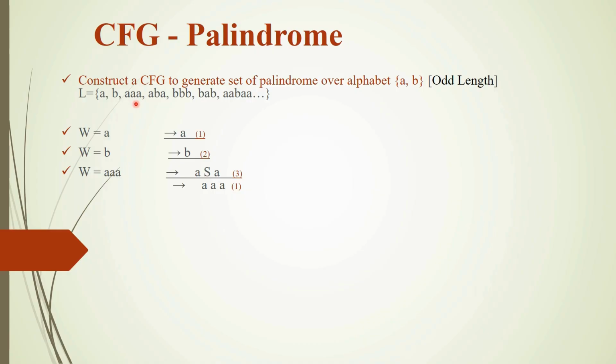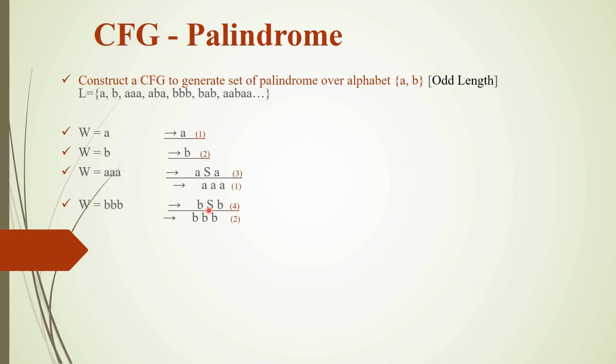So for aaa you can set your grammar like this: a, your non-terminal, a, and this non-terminal will be substituted as per your first expression. Now the same logic we can apply for the bbb string. When we want to describe a grammar for bbb, we use b, your non-terminal symbol S, and b, and we substitute this non-terminal S with your second expression, which is b, and you generate bbb over here.